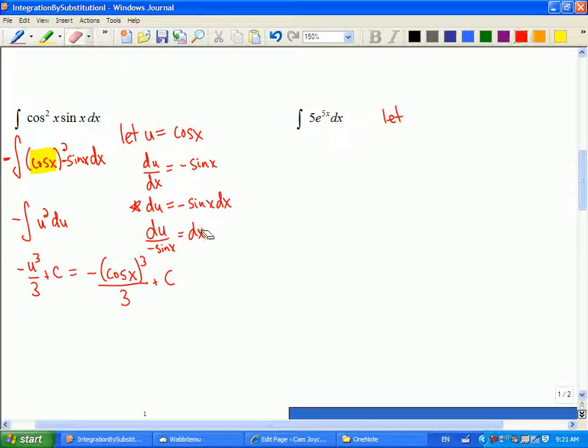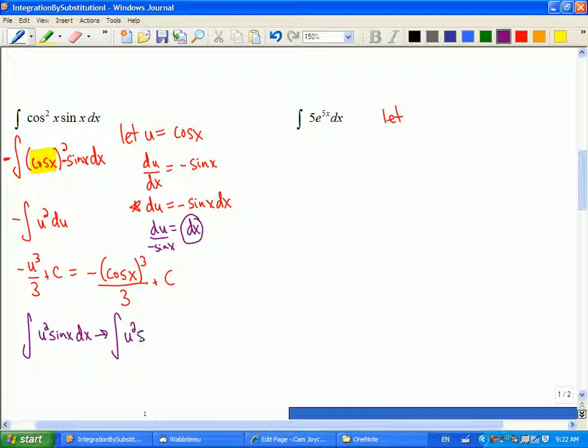Let me write this in purple, and I'll rework it in purple for you. So then my integral that I started with would become u squared sine x dx, and I'm going to make that other substitution here, which is to take dx out.